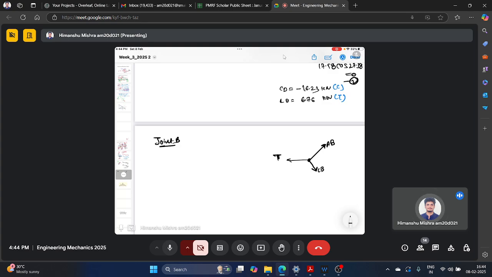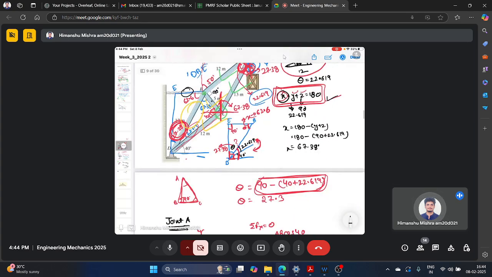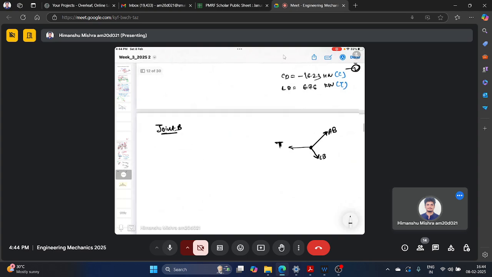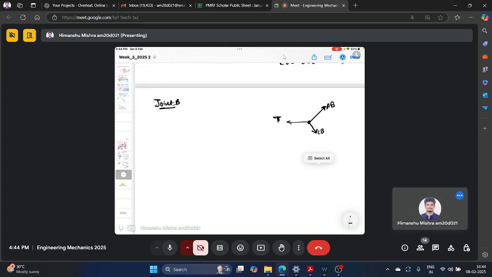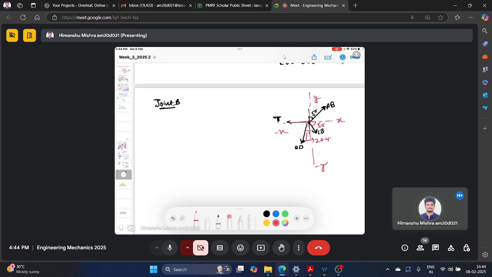And for unknown force BD, this is my unknown force. So I can assume the direction for this force. Let's say this is my assumed direction BD. This is 27.4 we found, and this is 50 we found.